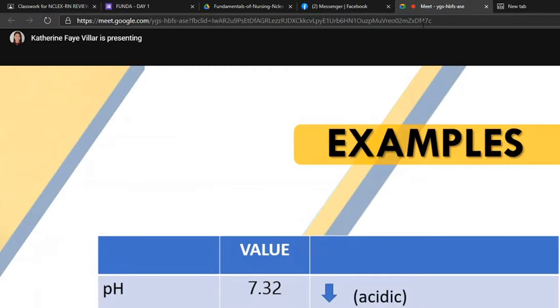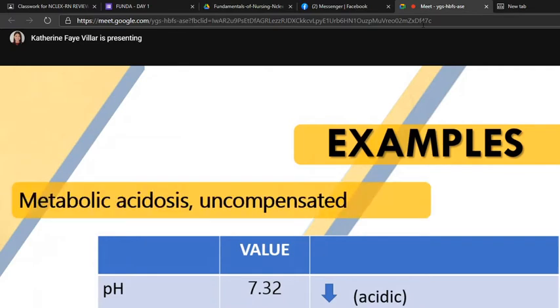It's down. So, it's acidic. Okay, very good. So, in this example, that's metabolic acidosis, and ano po ang compensation? Compensation, pH is abnormal, pero normal yung isa. So, it's not compensating. Uncompensated. Okay, uncompensated pa rin siya.